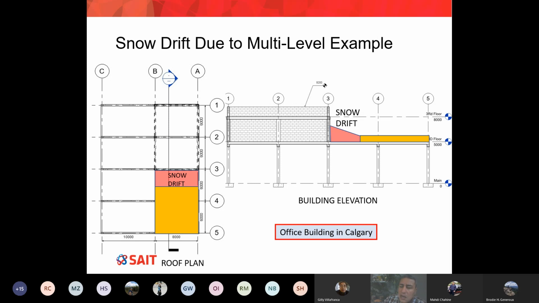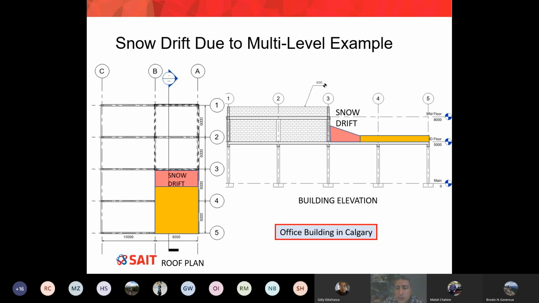Okay. Next, I want you guys to look at the section. I cut a section through the building, and you can see here, again, we have the main floor, a second floor, and a third floor. You can see the elevations. The elevation of the main floor is 0, the elevation of the second floor is 5,000, and the elevation of the third floor is 8,000.